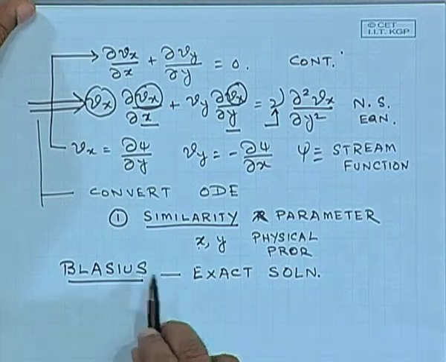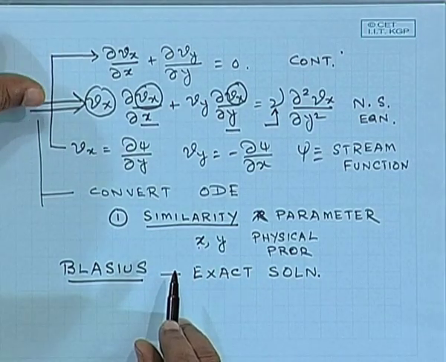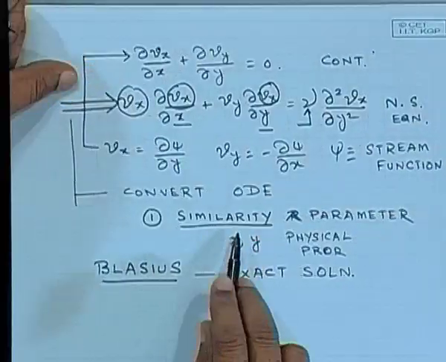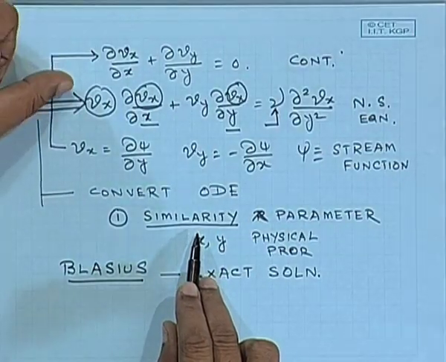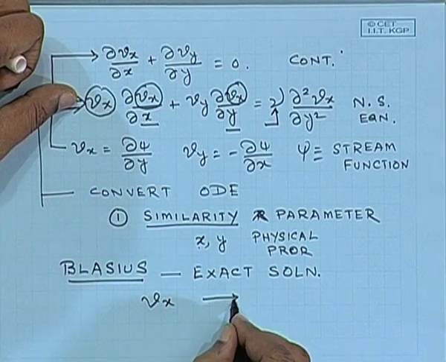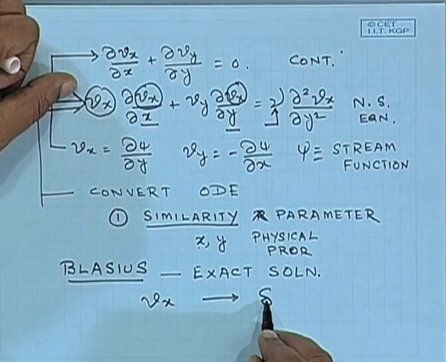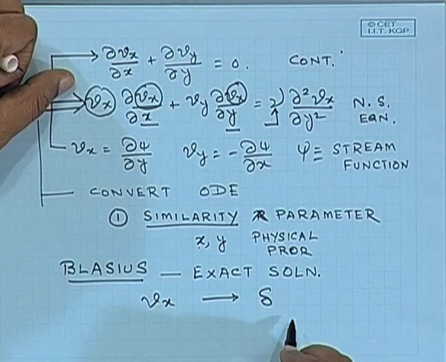So, we are going to talk about the exact solution by Blasius, in which he found the similarity parameter that works with this equation. With the proper boundary conditions, he was able to solve the equation for Vx, and once he has Vx, he should be able to find the expression for delta.